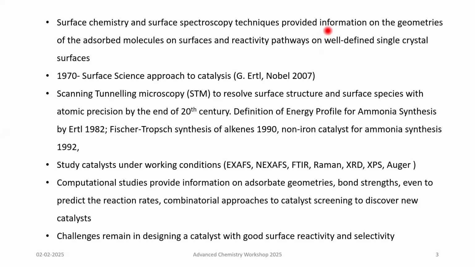That is where surface chemistry and surface spectroscopy techniques started coming in, around the 1960s, 1970s. But they were applied to single crystal surfaces, because polycrystalline surfaces are very difficult to define. Single crystal surfaces you can define.